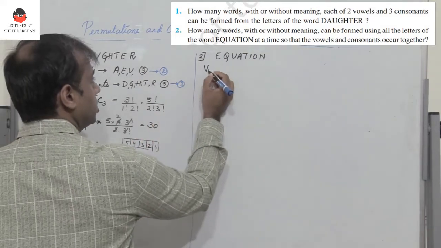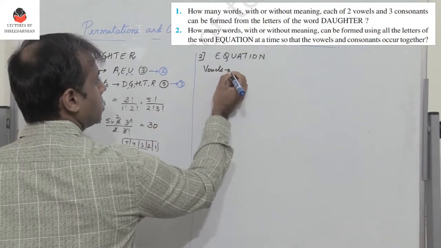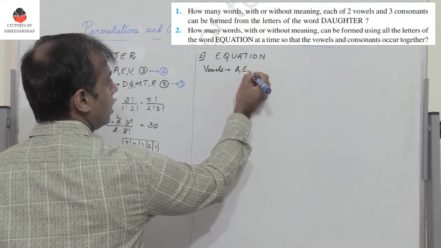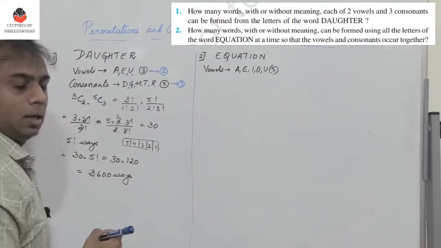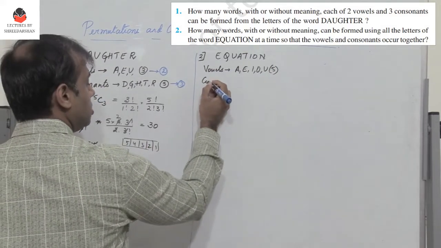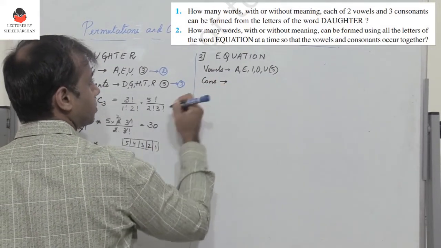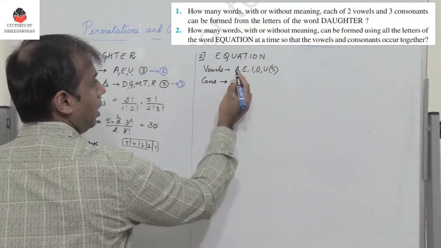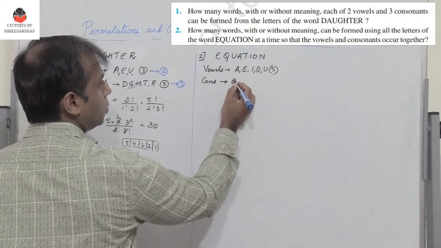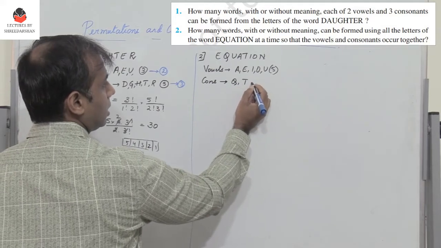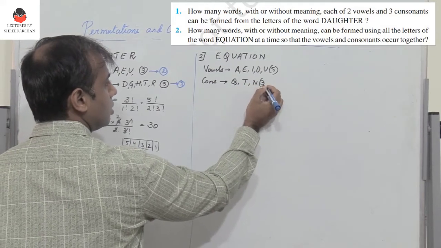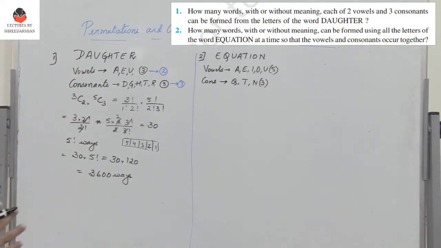The vowels are A, E, I, O, U, so all the 5 vowels are there. And the consonants are the remaining ones: Q, T and N. So there are 3 consonants. From the word equation, you have 5 vowels and 3 consonants.